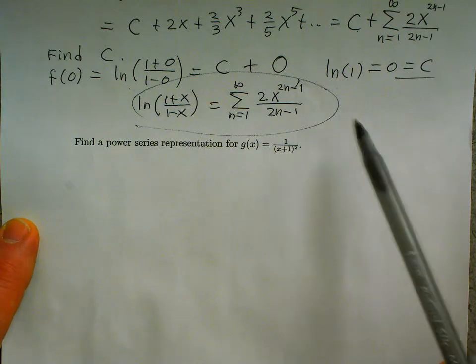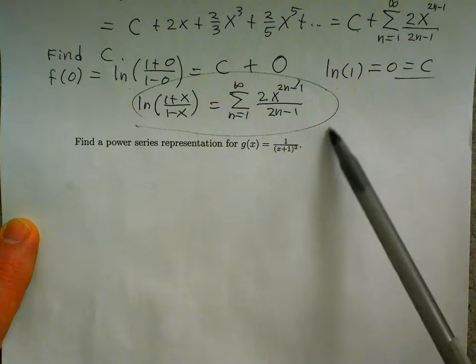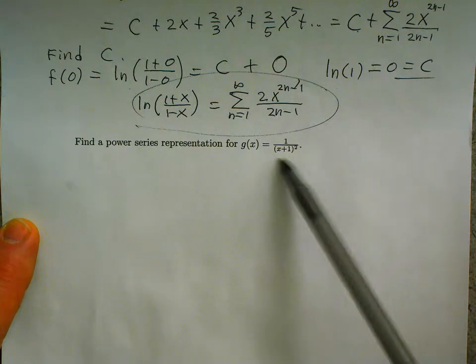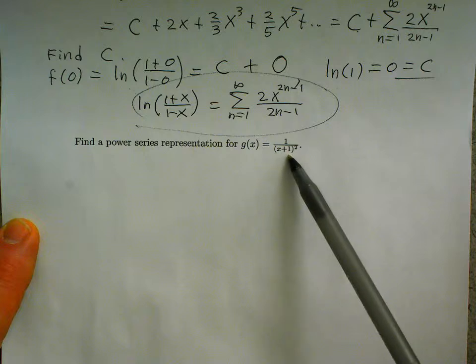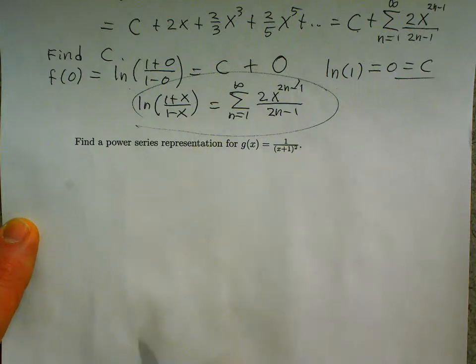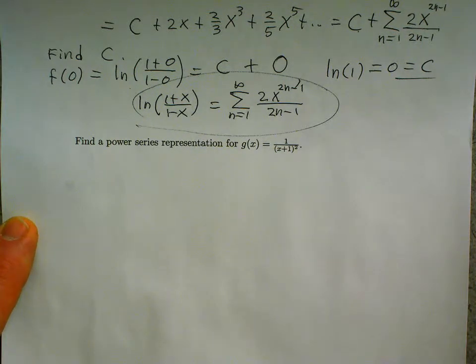Well, with a little practice, you'll learn how to notice some things. The denominator has x plus 1 squared. Maybe it's related to the power series of 1 over x plus 1.